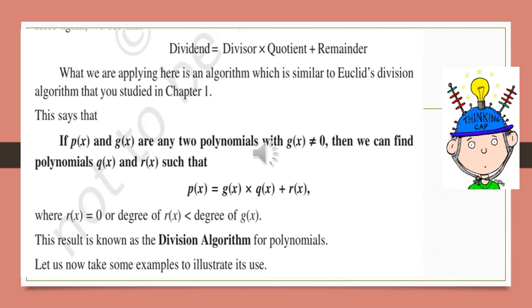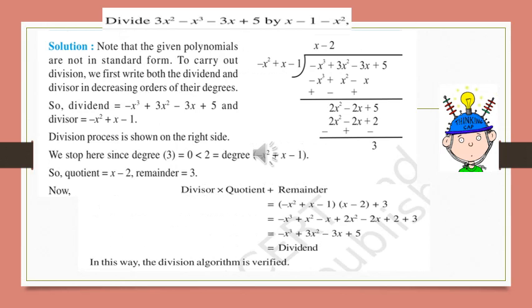Now let's have a look at the example. Divide 3x square minus x cube minus 3x plus 5 by x minus 1 minus x square.